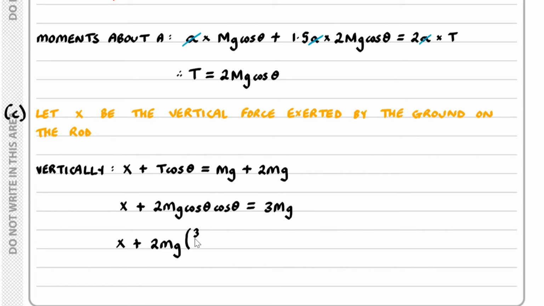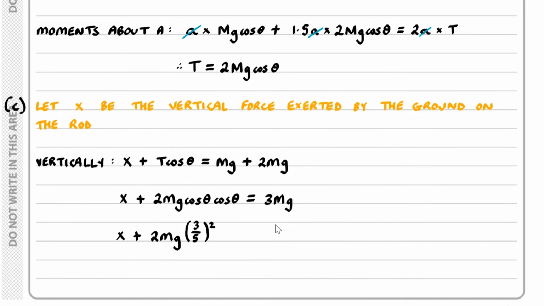Now we know that cos theta is 3/5, so we have 3/5 squared times 2mg equals 3mg.